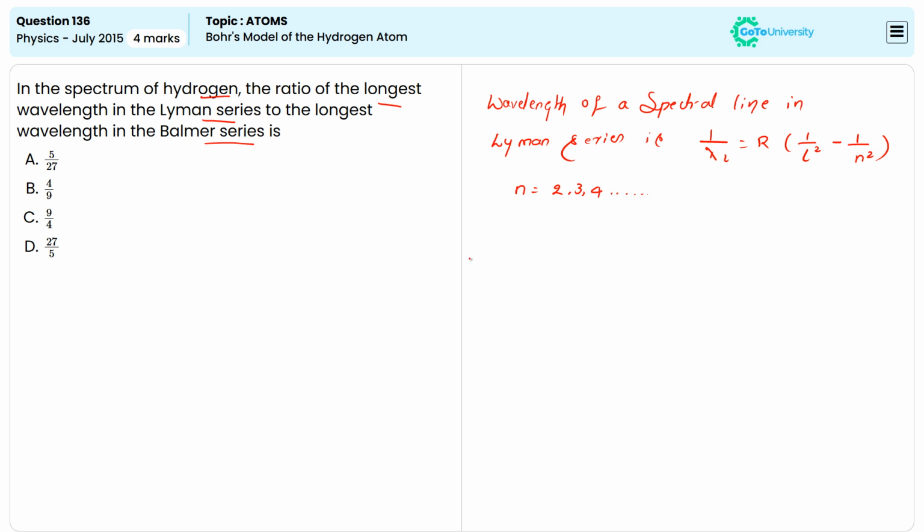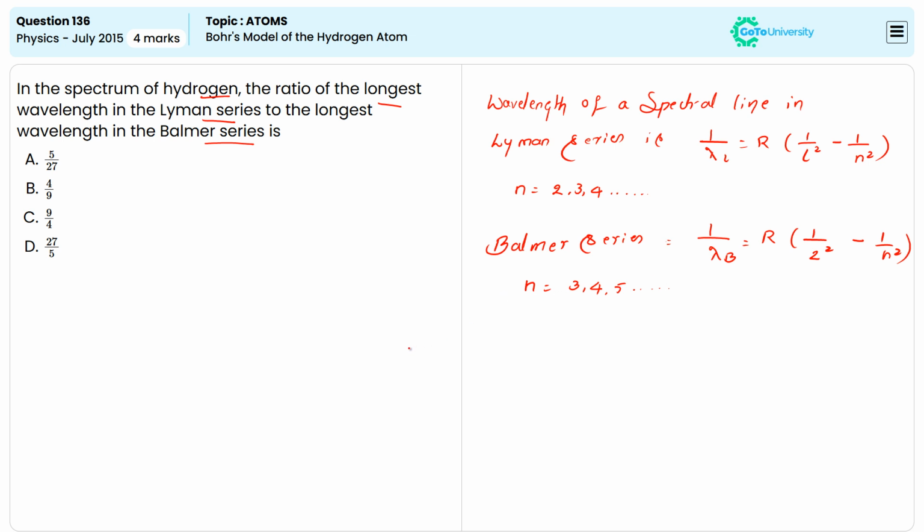And similarly for the Balmer series, we can write 1 divided by lambda B is equal to R times 1 by 2 square minus 1 by N square, where the N value in the Balmer series is 3, 4 and 5 and so on.